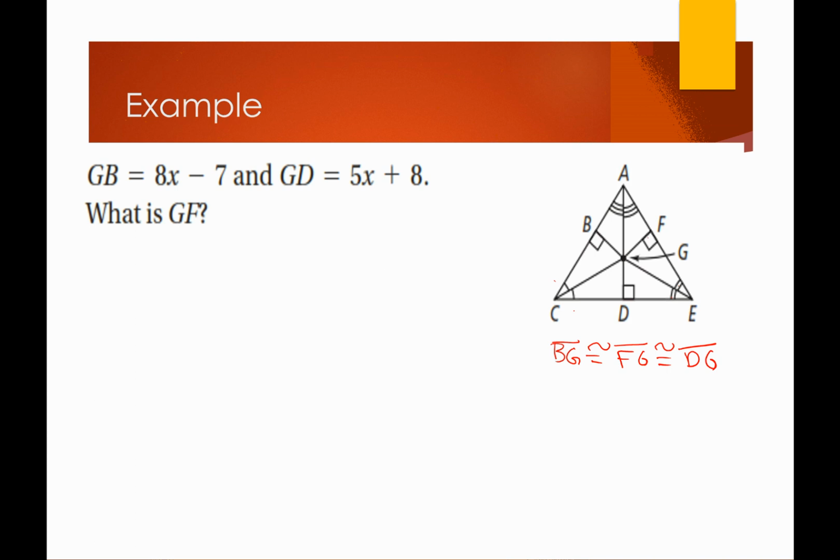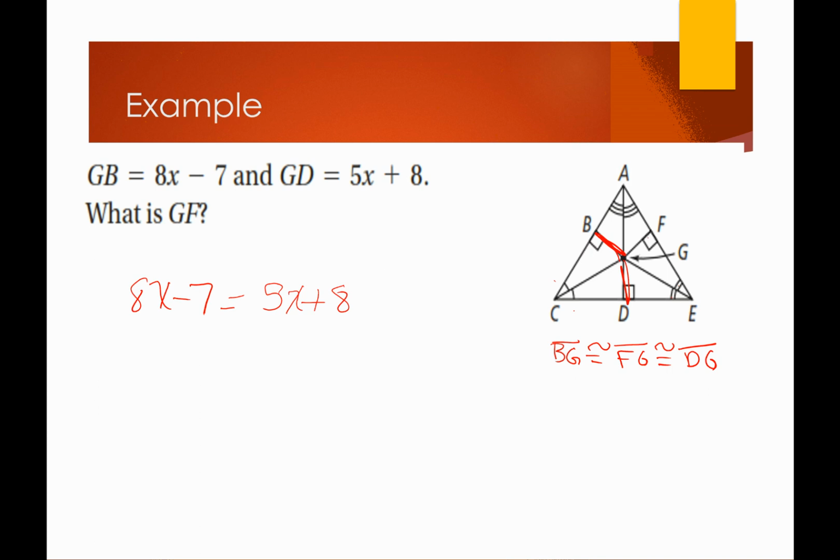So if I know that GB is 8x minus 7, and I know GD, so here is GB, here is GD, they're supposed to be congruent. So if I want to find GF, well, I know that GF is congruent to all of those.